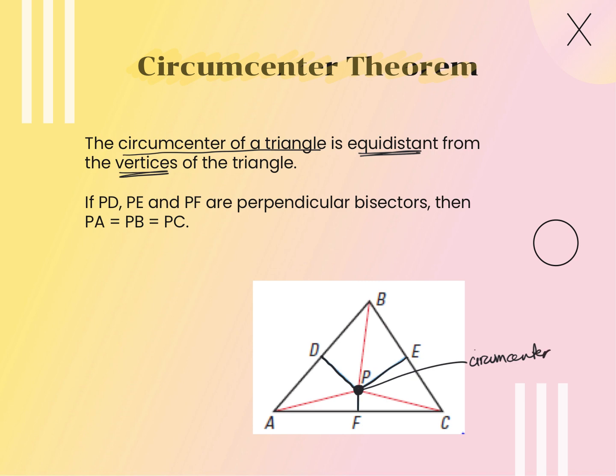Now, what the theorem says is that if P is the circumcenter, then the distance from P to B is going to be congruent with the distance from P to A, which is going to be congruent with the distance from P to C. So PB, PA, and PC are all congruent segments. And that's how we apply the circumcenter theorem.